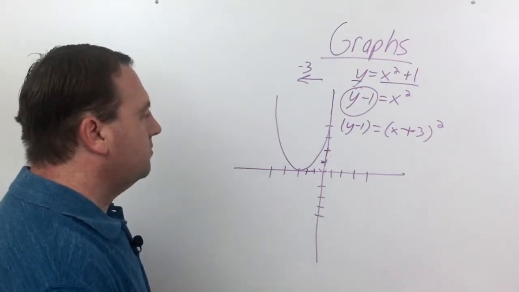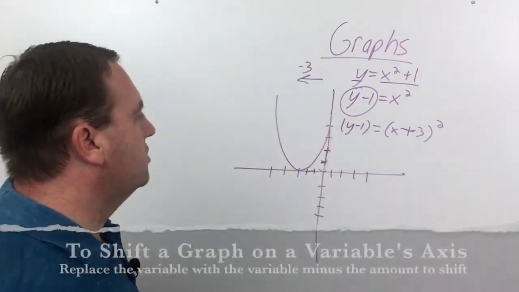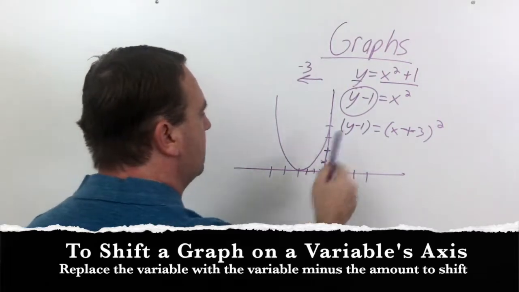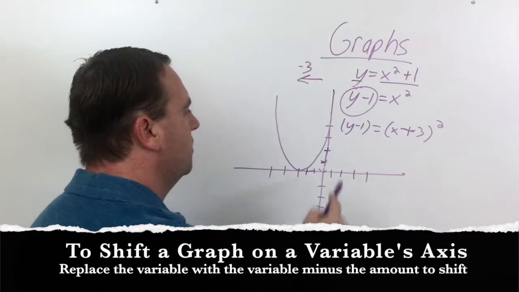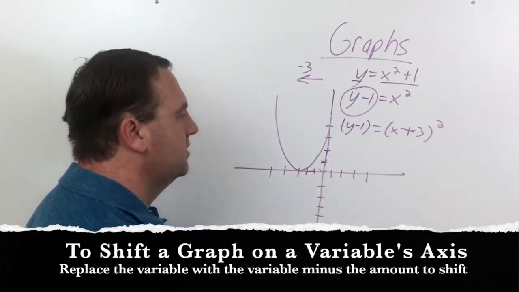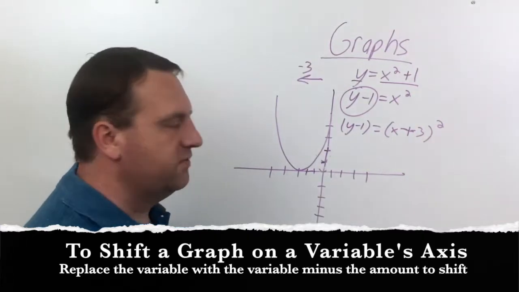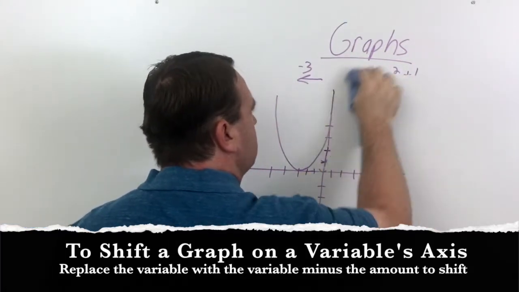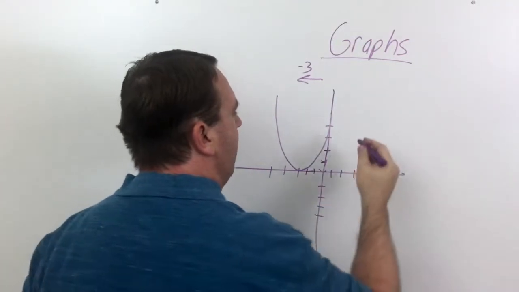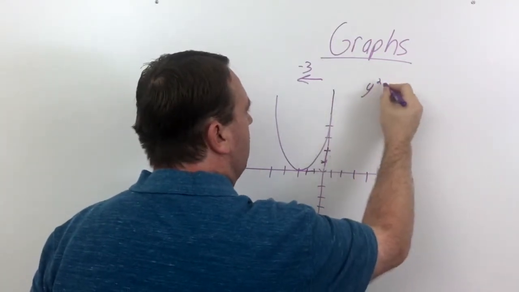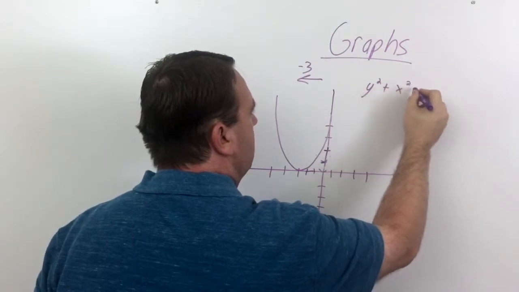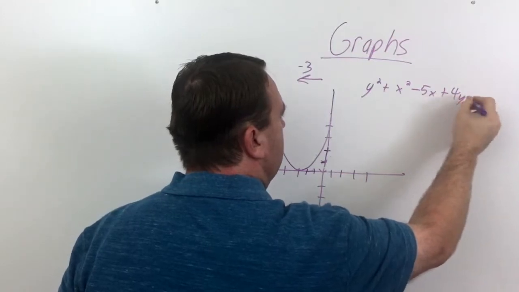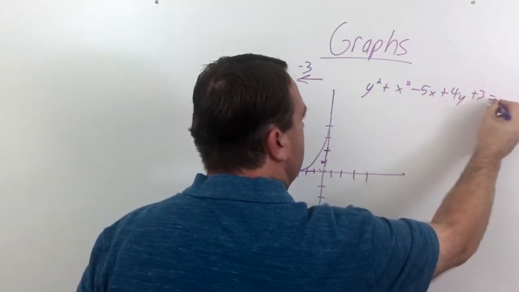So in order to shift a graph in any given direction, you replace the variable that you're wanting to shift with the variable minus the amount that you want to shift it. Okay? So this is true even in complicated equations. So let's say we have y squared plus x squared minus 5x plus 4y plus 3 equals 0.